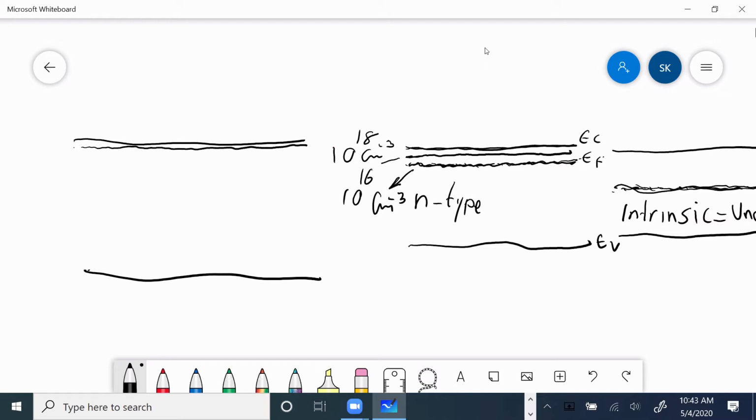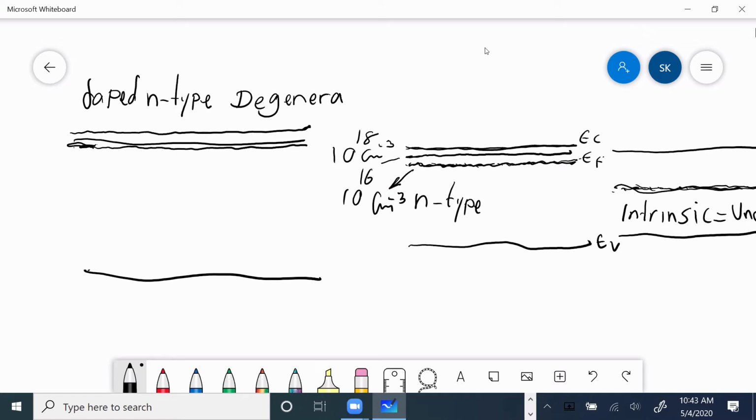And then he said this actually can go higher. The Fermi level can even go higher than the conduction band, in which case this material, this silicon, is doped N-type, but the name we give this is degenerately doped.